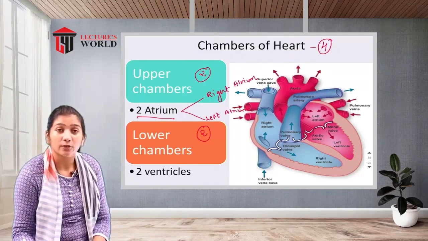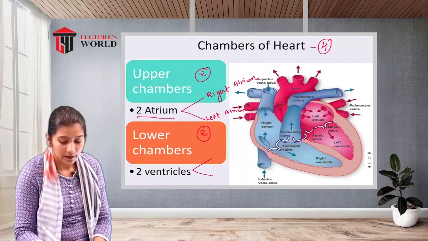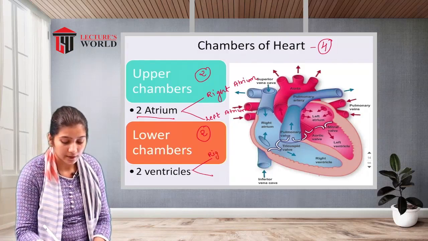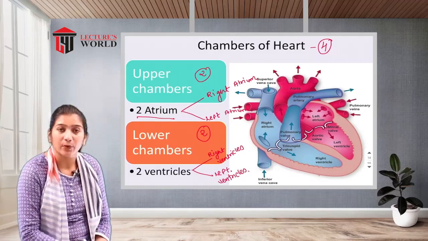And it has 2 lower chambers. The right side is known as the right ventricle and the left side is known as the left ventricle.